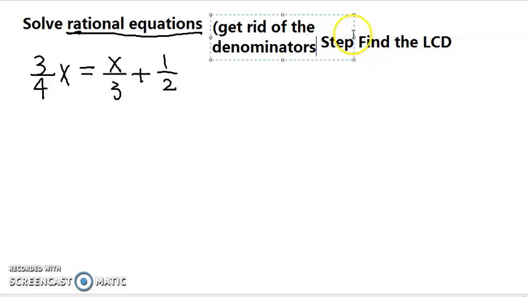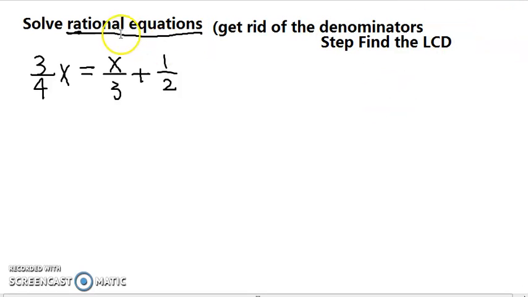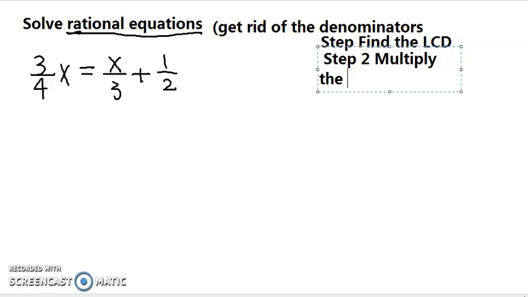And to get rid of denominators, first we have to find the LCD in step 1, and step 2 we're going to multiply both sides by the LCD.